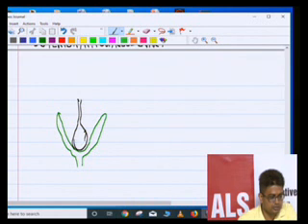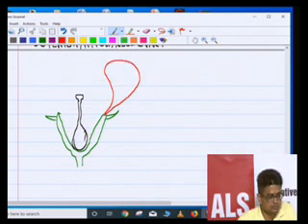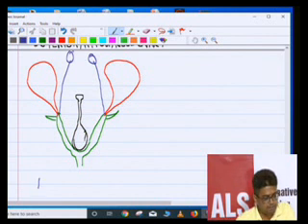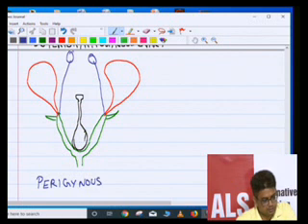So this is the ovary, stigma, style, and the calyx, corolla, androecium. Calyx is here. This is the calyx. The corolla is here. Okay, and the androecium is here. Okay, so this is called the perigynous condition, or half inferior, half superior.